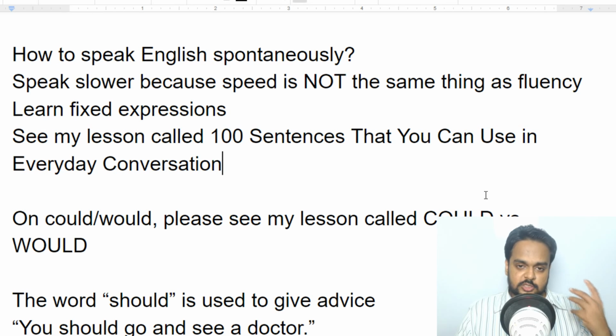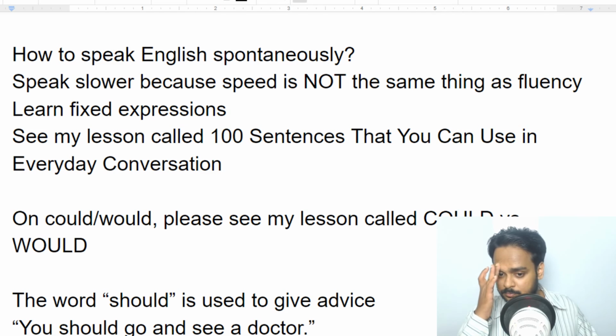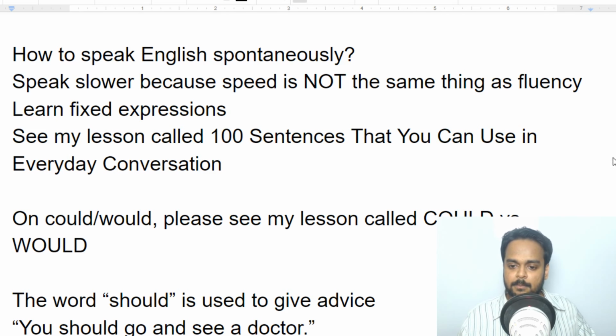When you learn lots of stock phrases, if you find yourself in a conversation, you find yourself getting stuck, you find yourself blocking, not being able to speak spontaneously, these sentences will come to your rescue. They will save you in that situation. So these are things that you should absolutely do.